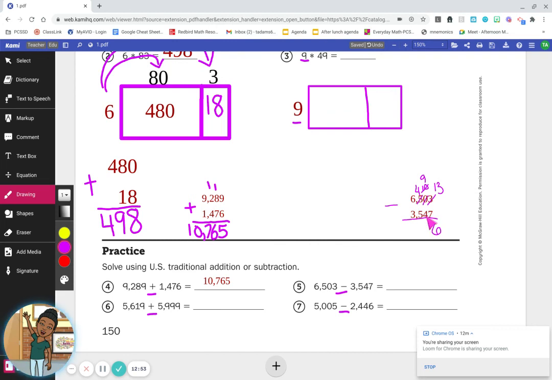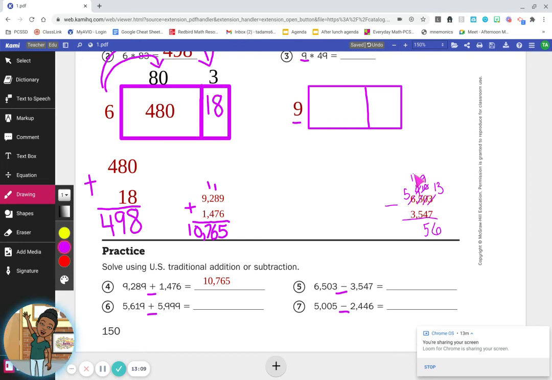9 minus 4. Excellent. 5. 4 minus 5. That's right. I need to regroup again. So that becomes 5.